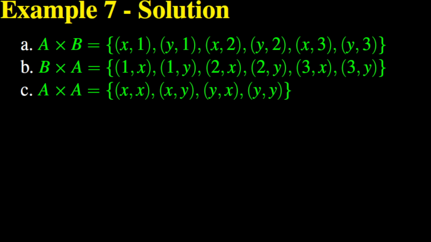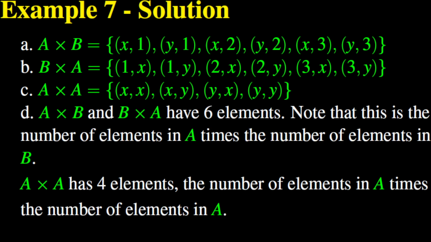Question C: the Cartesian product A times A is the set of ordered pairs (x, x), (x, y), (y, x), (y, y).